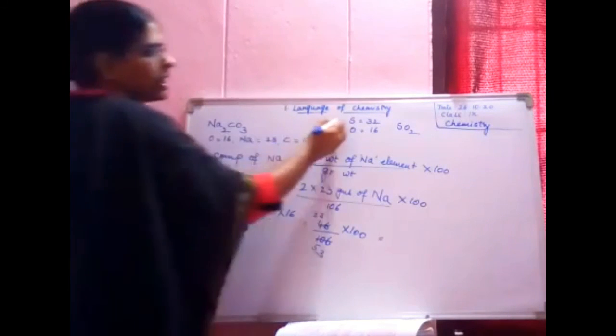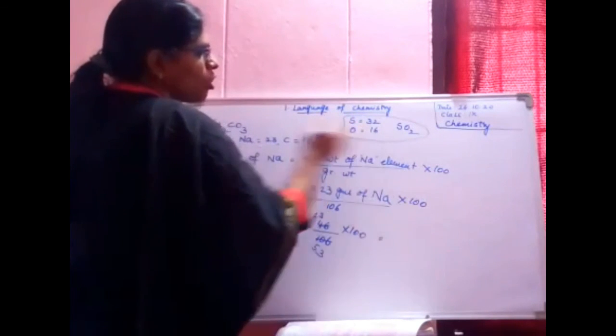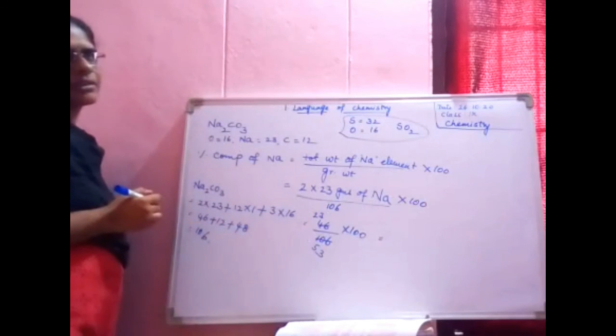Okay, the atomic weights I have given you: sulfur is 32, oxygen is 16.